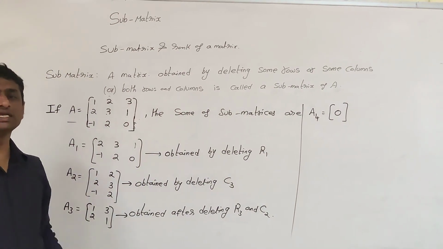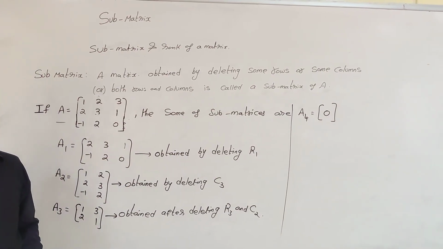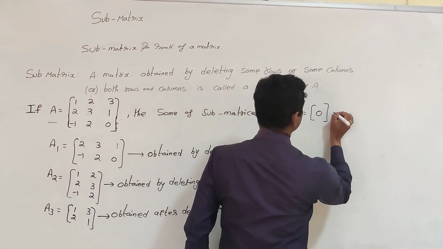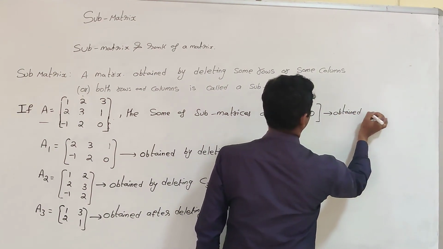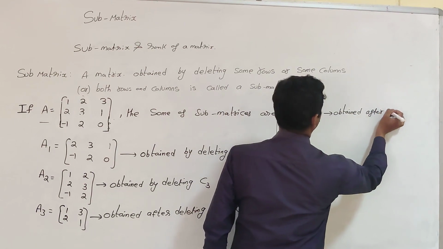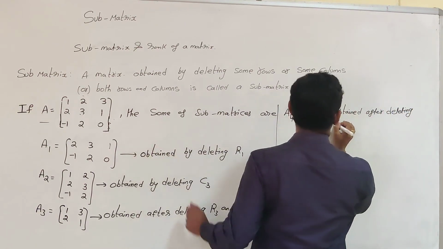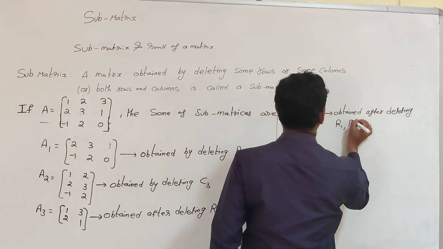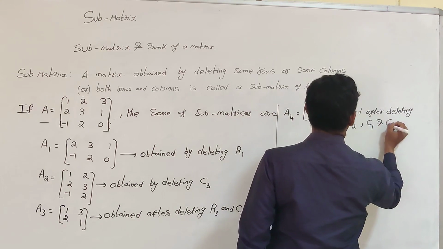That is a single element, a 1 by 1 matrix. So 0 is a matrix obtained after deleting row 1, row 2, column 1 and column 2.